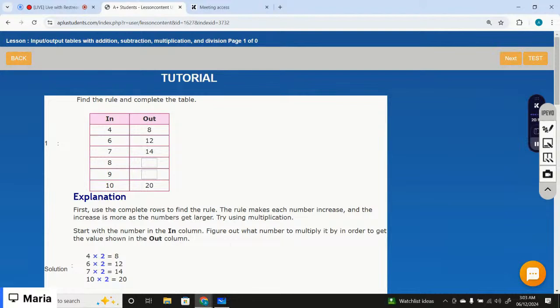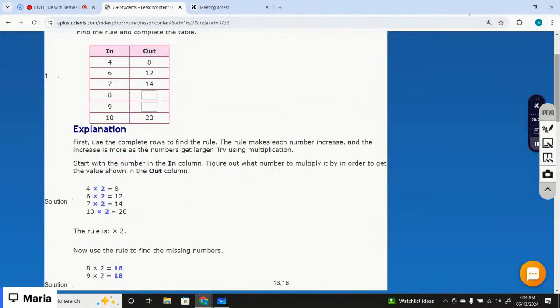So just look at the rule. You have to find the relationship between input and output table, and then you can find the missing values, right?